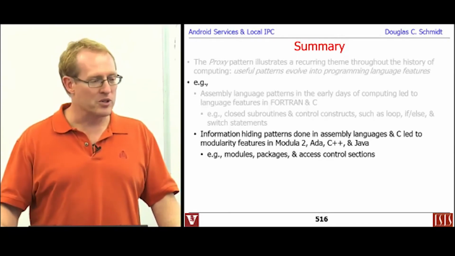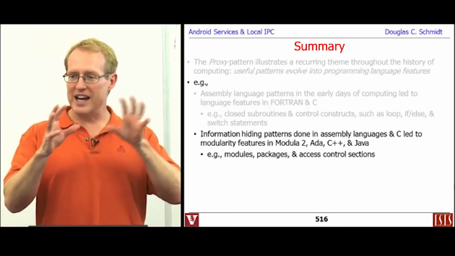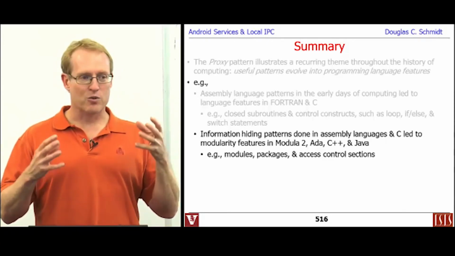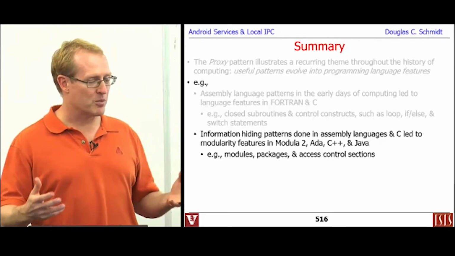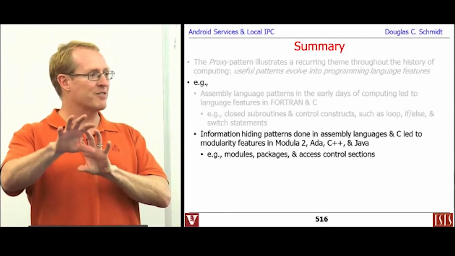So if you recall, when we do 251, we talk about stacks. And we talk about different ways of hiding the representation of the stack to avoid writing code that relies on a particular implementation. So people began to come up with patterns for hiding information.